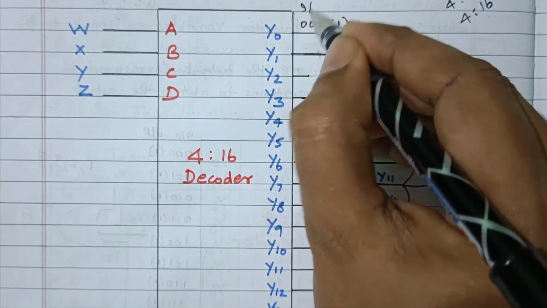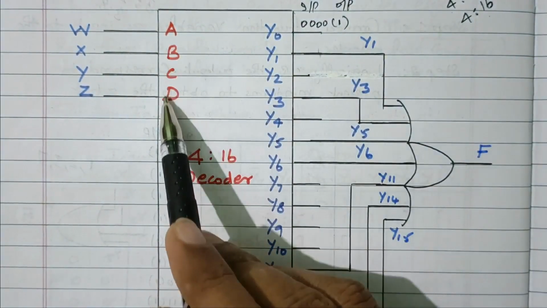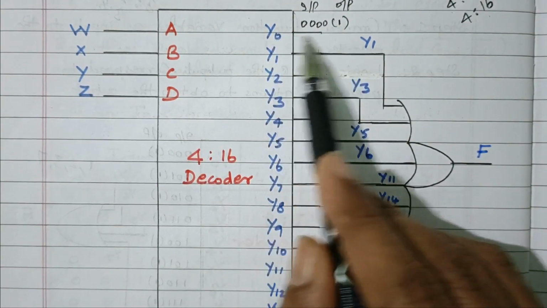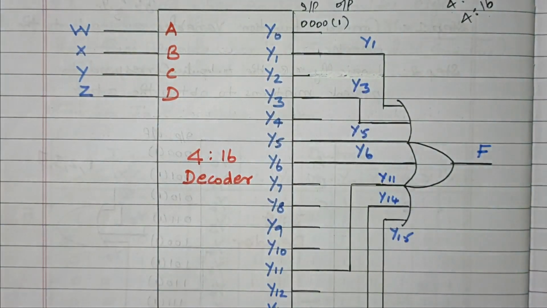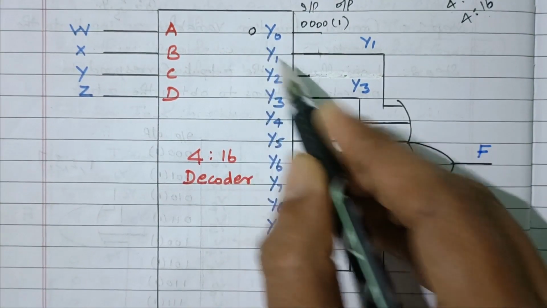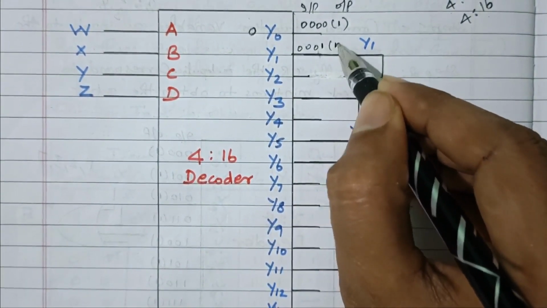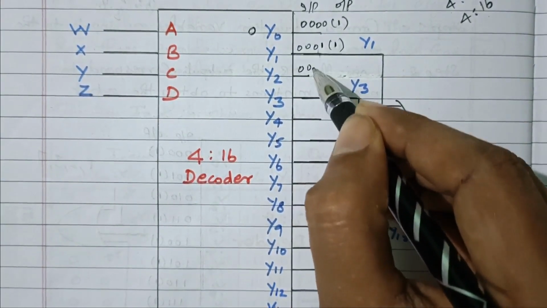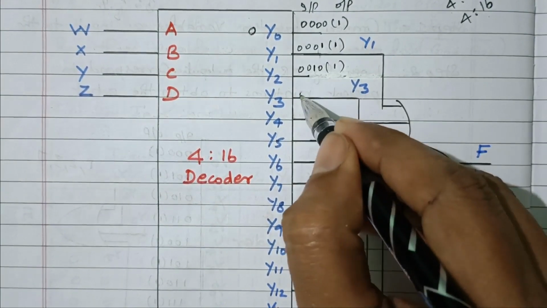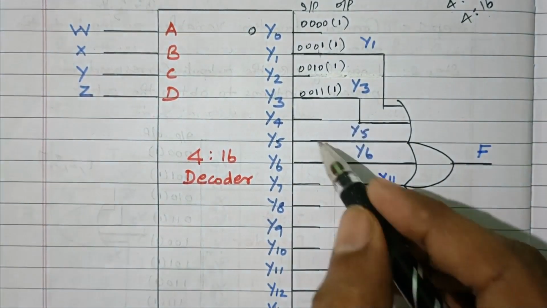So this is input, this is output, right? When WXYZ is 0, 0, 0, 0, the output Y0 will be 1. All other terms will be 0. So the corresponding minterm is 0. Then 0, 0, 0, 1 gives 1 as the output, other terms are 0.